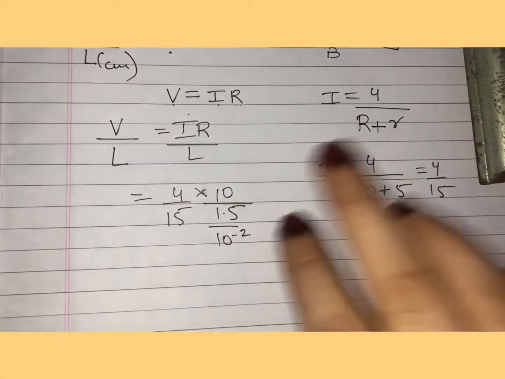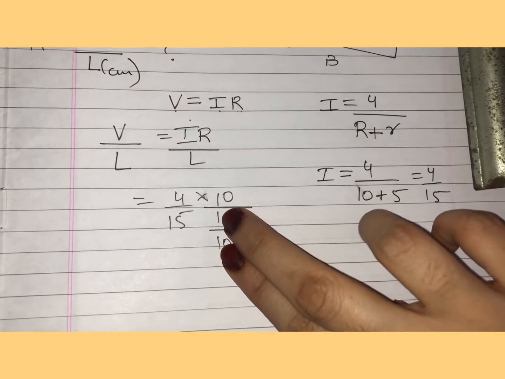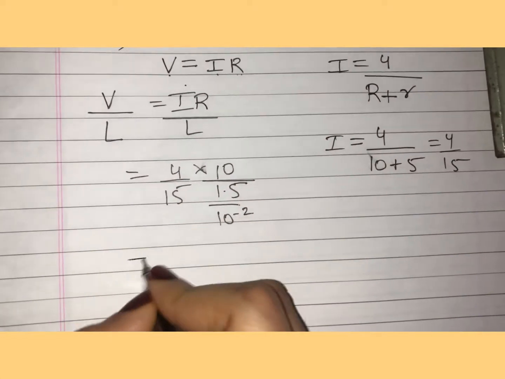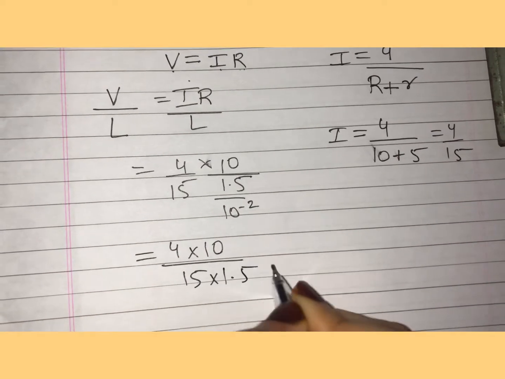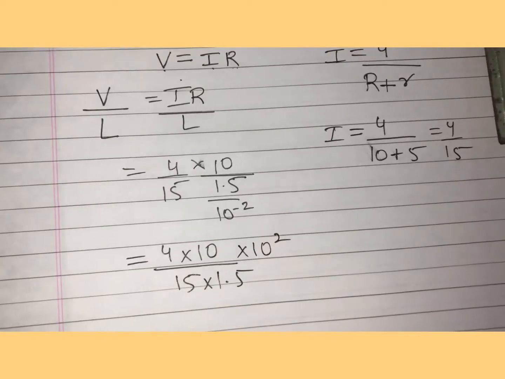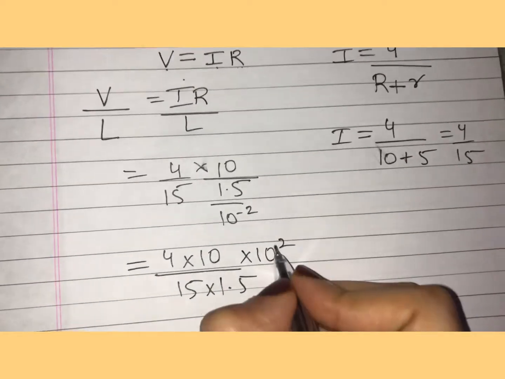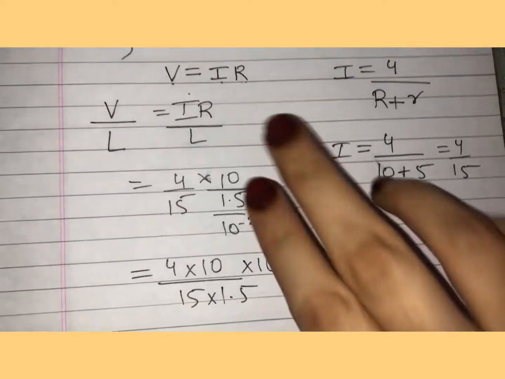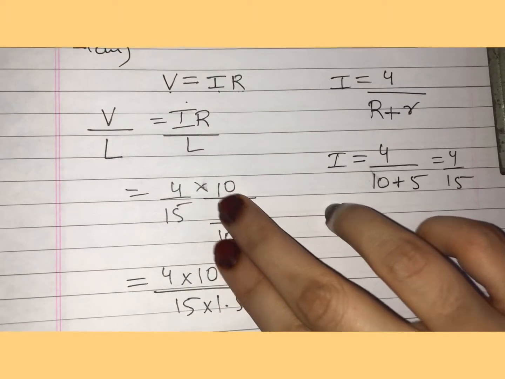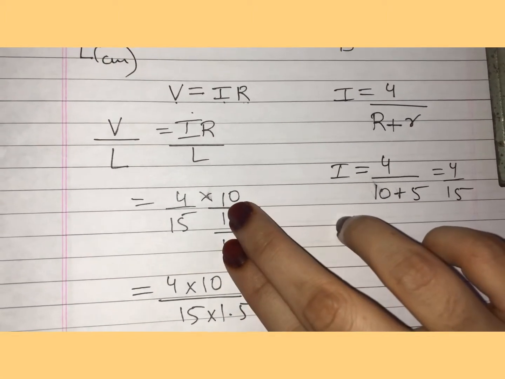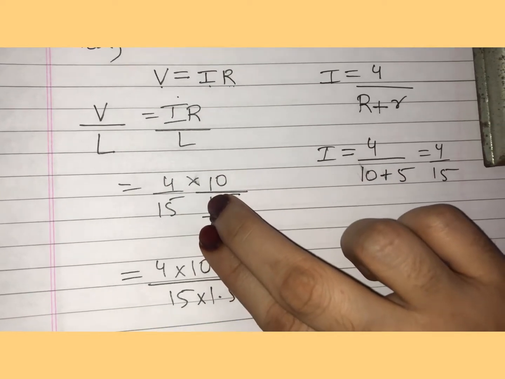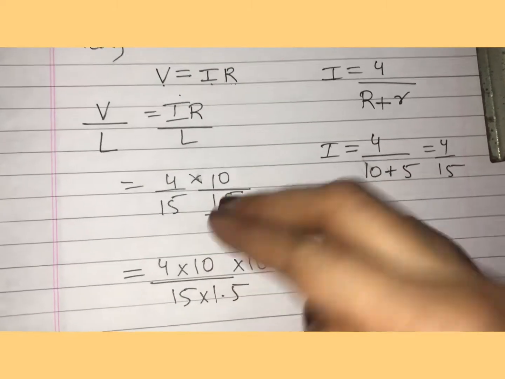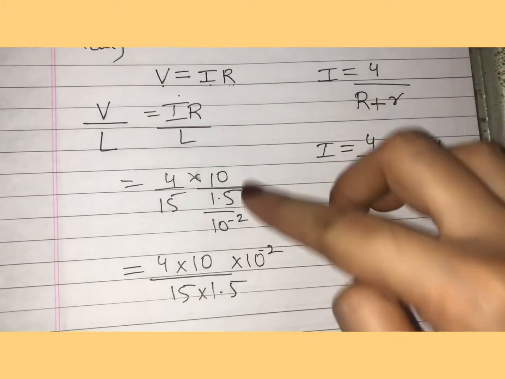If I want to take this term in the numerator, it will flip. Means 4 into 10 upon 15 into 1.5 into 10 raised to minus 2. This term is in the denominator; if I want to take it in the numerator, it will flip, means 10 raised to minus 2 upon 1.5.